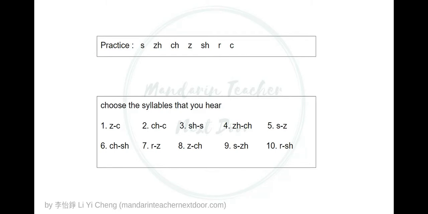I don't mind whether you have people around you or not, say it out. Hear your own pronunciation. That's very important. Thinking or reading in your mind is different from saying it out. Don't worry, I will give you around 3 seconds for that. Then I will tell you the answer so that you can see if you pronounced it correctly.